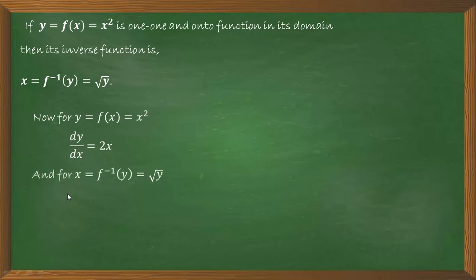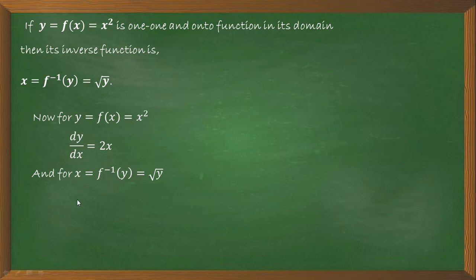Now we know the inverse function, x is equal to f inverse y, that is root y, so x is equal to root y is the function. How will you differentiate this function? We have to differentiate it with respect to y, because x depends on y.